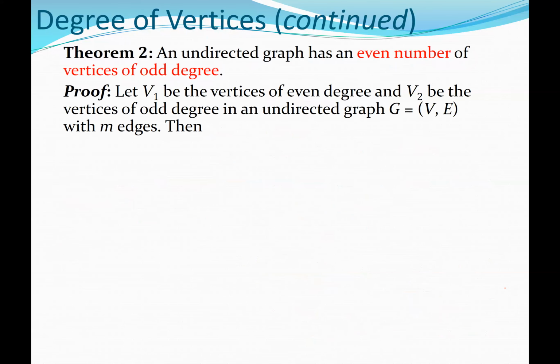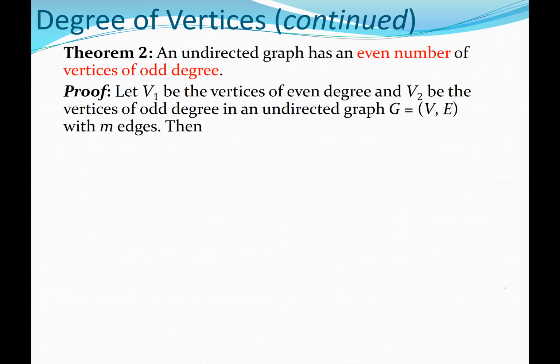So here is the proof for that. Suppose we have 2 sets. In the first set, we collect all the vertices that have even degree. And in the second set, we collect all the vertices that have odd degree, right? Because odd and even, you can just divide that.